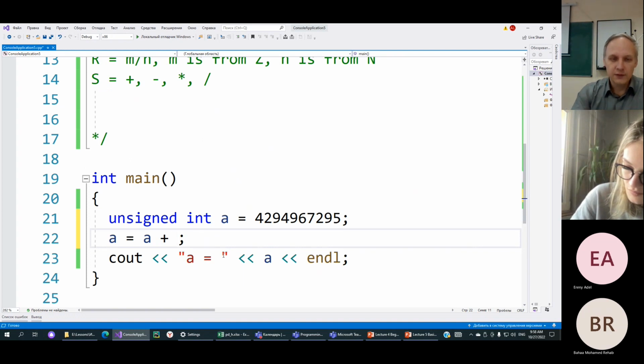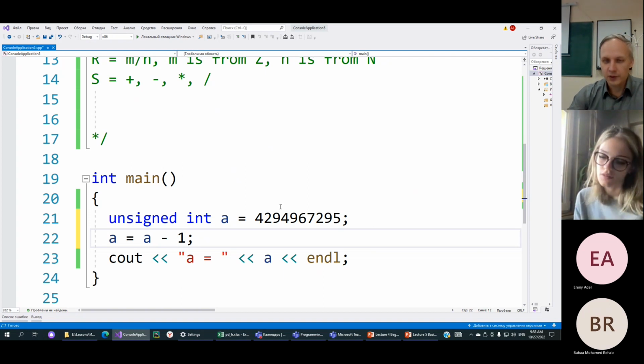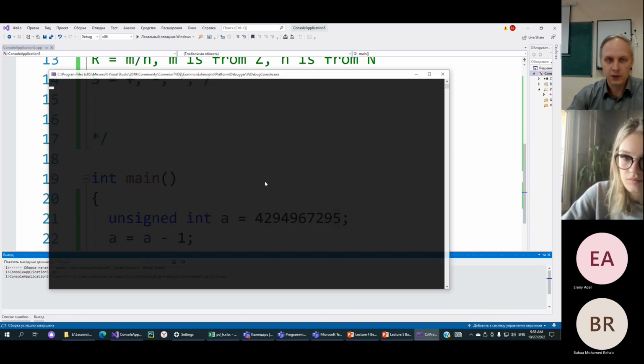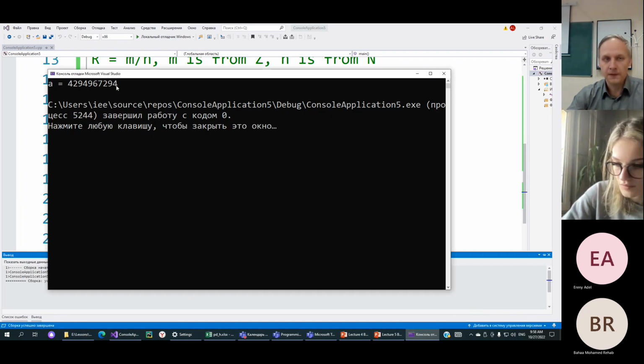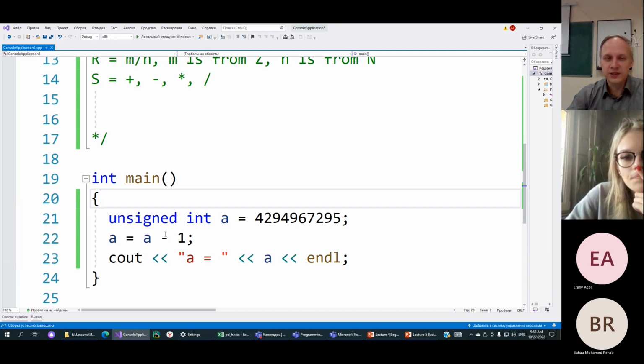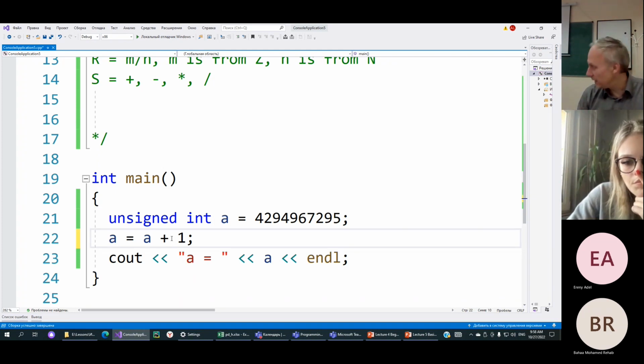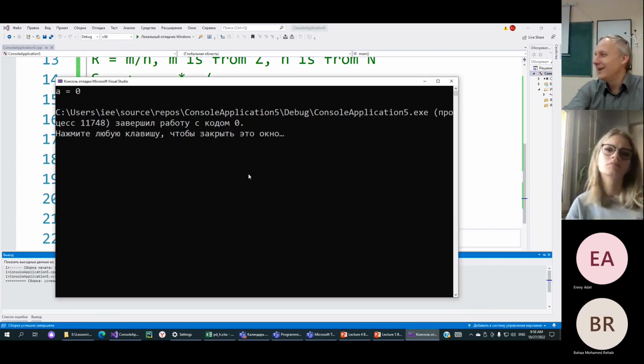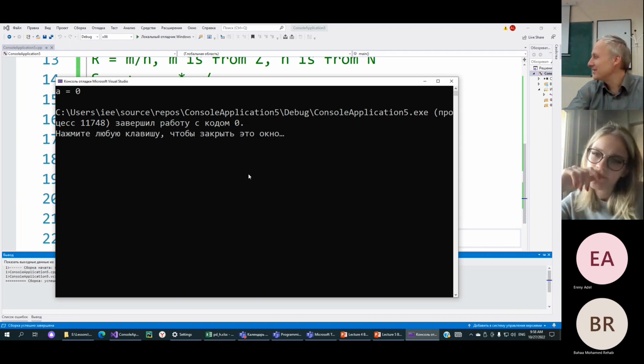If I, for example, write A minus 1, we will see on the screen this number minus 1. It will be okay. But if I try plus 1, I don't know what I will see on the screen.